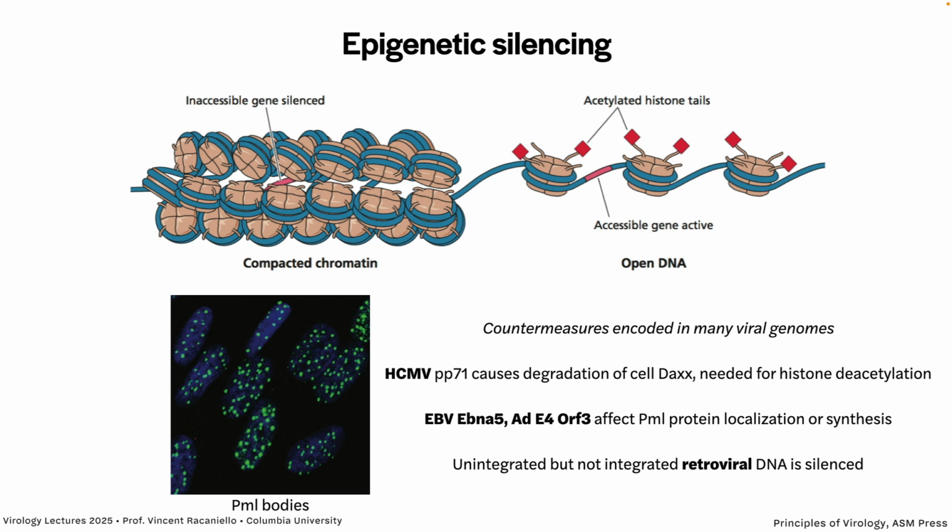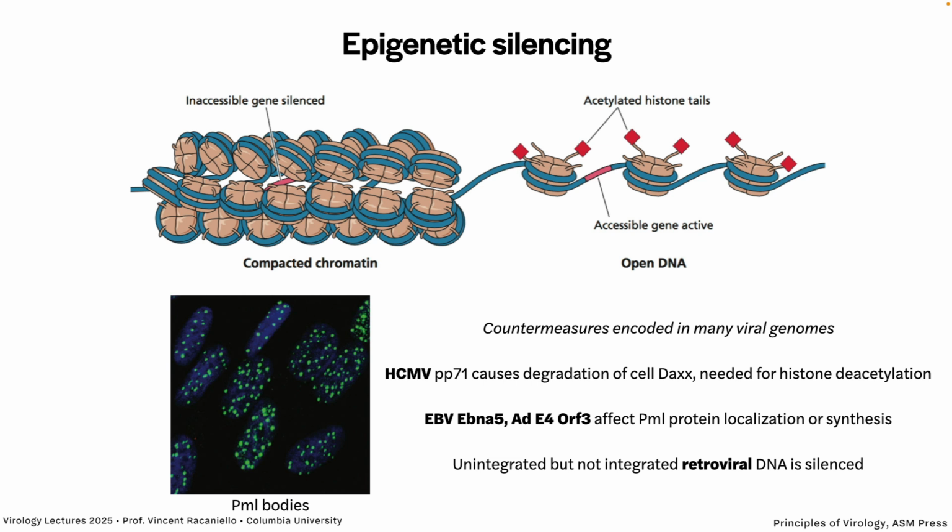Another one is epigenetic silencing, which we've briefly mentioned here. Now remember, DNA in the nucleus is wrapped around chromatin, as you can see there. And unless the chromatin is modified, it's very tightly wrapped. It's compacted, and it cannot be transcribed effectively.